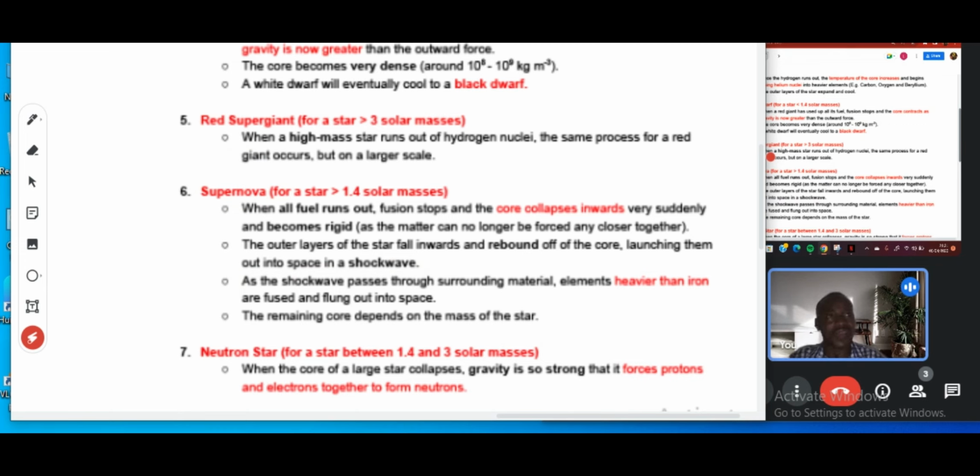Do you know why we cannot hear supernova as loud as it might be in space? What you have in space is a vacuum, nothing, isn't it? Can sound travel through space? Sound cannot travel through a vacuum, isn't it?